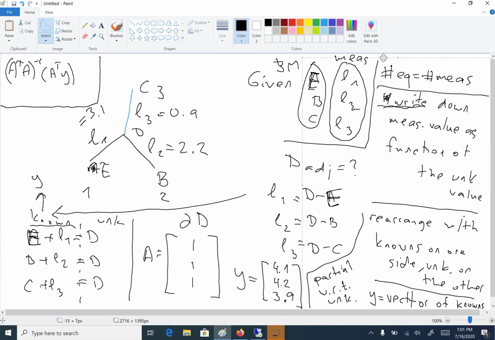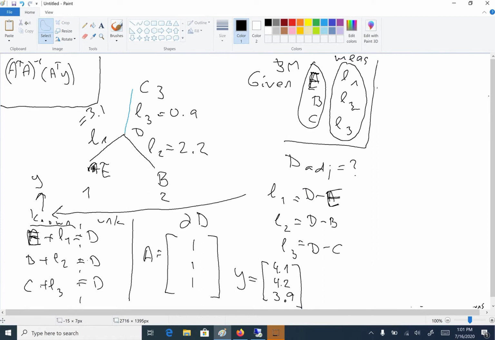So I'll get rid of this here. So A transpose A inverse A transpose Y. So that's going to be A transpose is just going to be 1, 1, and 1.